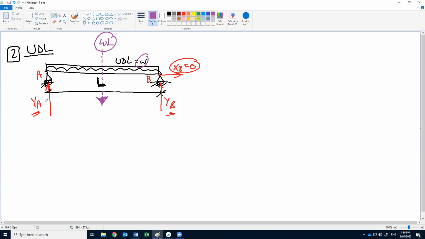So now what is the reaction here and here, with the same concept as the last example? If we have one load in the middle and the beam is symmetric, half of the load should be here, WL by 2, and half, WL by 2. So I will just check the shear.